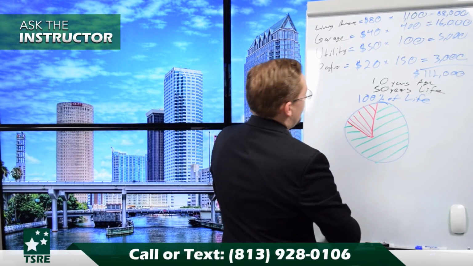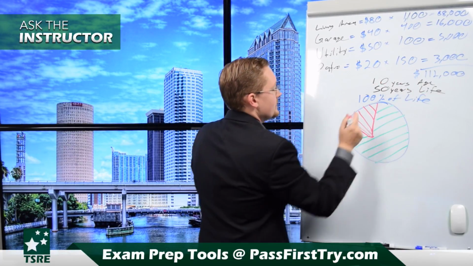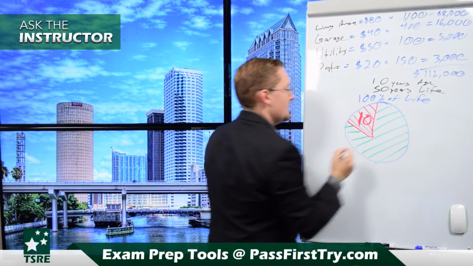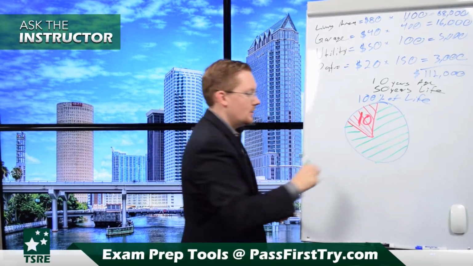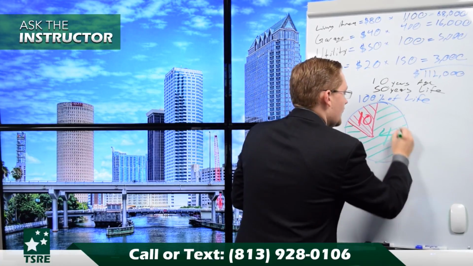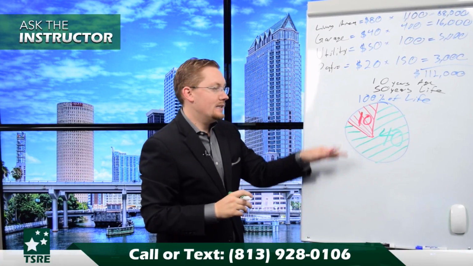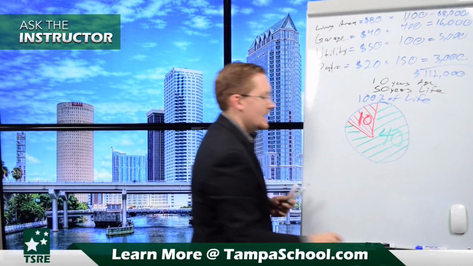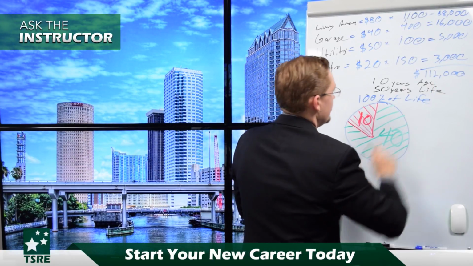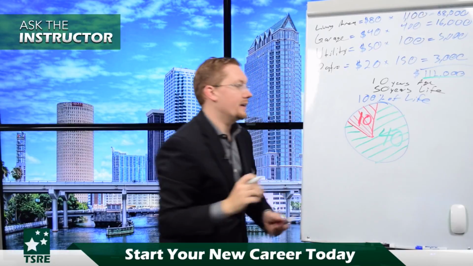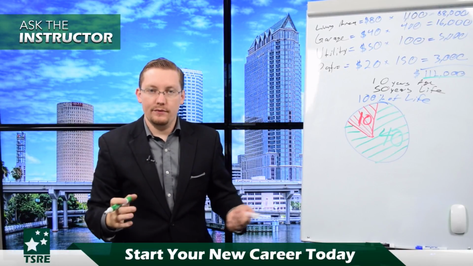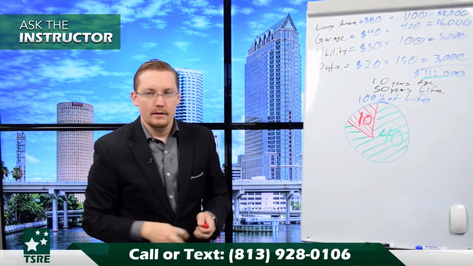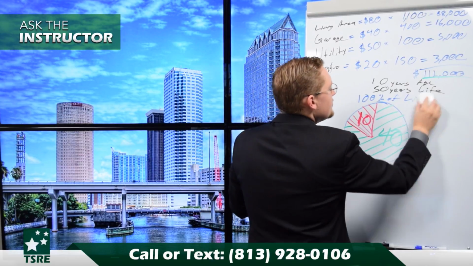But if we've used up 10 years, that's this area right here. So we've used up 10 years, which leaves us with 40 years remaining on the property. What we need to figure out is, out of this $112,000, what that value is when we take out 10 of the 50 years that we have available.